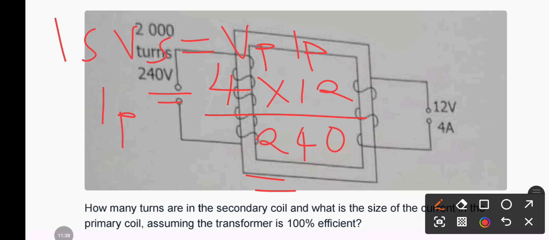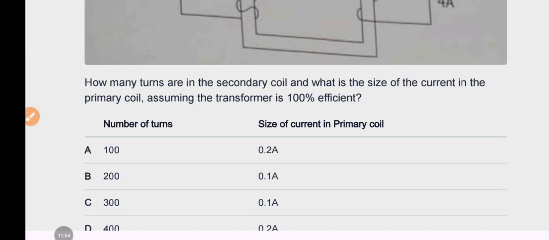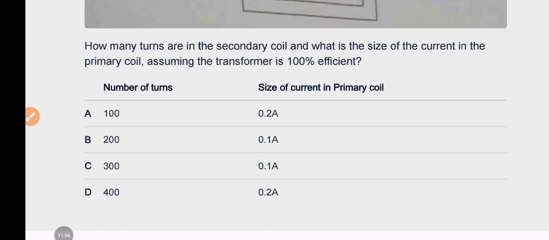So in doing this, 4 times 12 divided by 240, I'm getting a value of current to be 0.2 amps. So my number of turns is 100 and my current is 0.2. So this pair is option A.